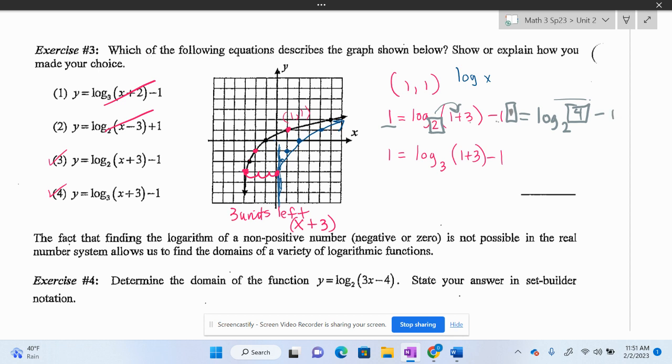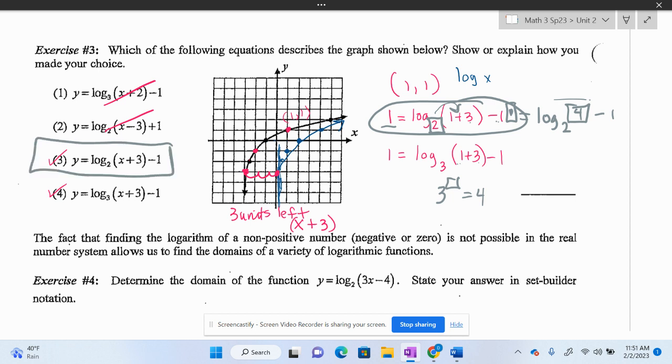That's why my answer is 1. If I try it here, let's see, 1 plus 3 is 4. So 3 to what power equals 4? Does 3 to any power equal 4? No. So here's your answer. This is number 3. It's log base 2.